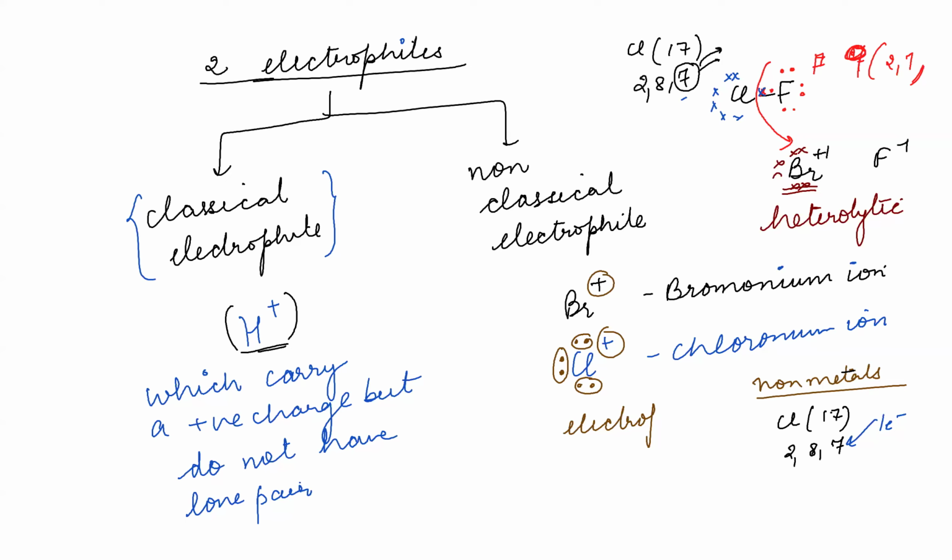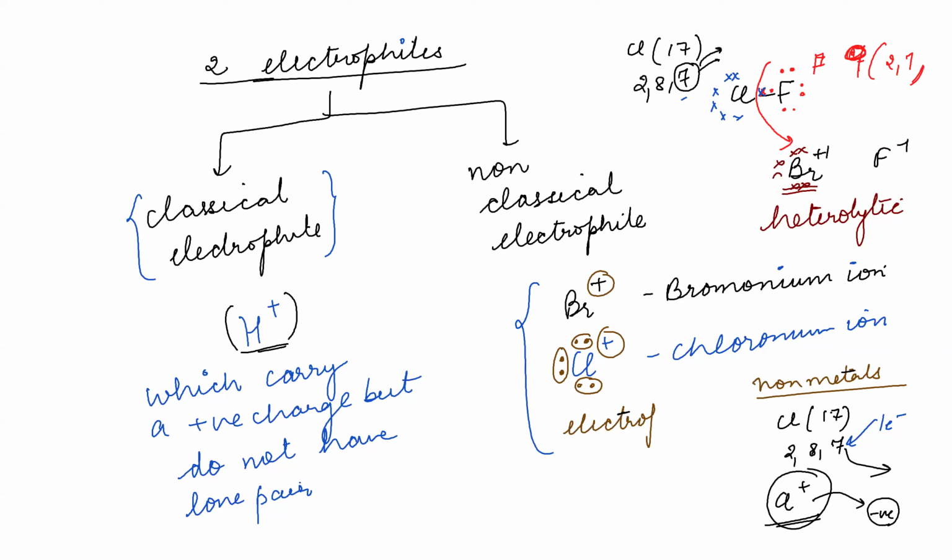So these are electronegative elements, right? But what you are doing is pulling one electron from here. So it becomes Cl plus, and the moment it becomes Cl plus, it is a more dangerous species. So the moment it gets a negative charge, it attacks on that negative charge. That's the basic idea.